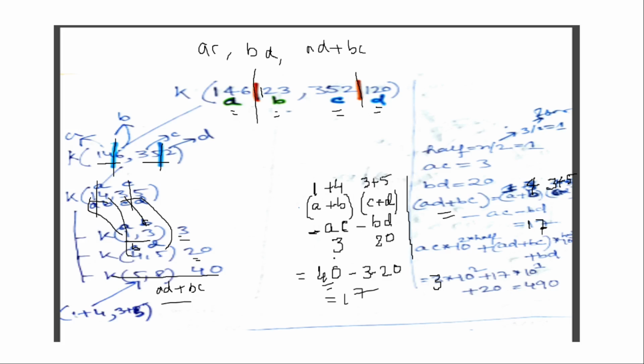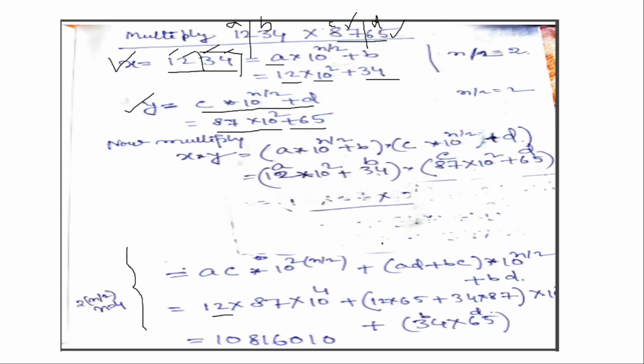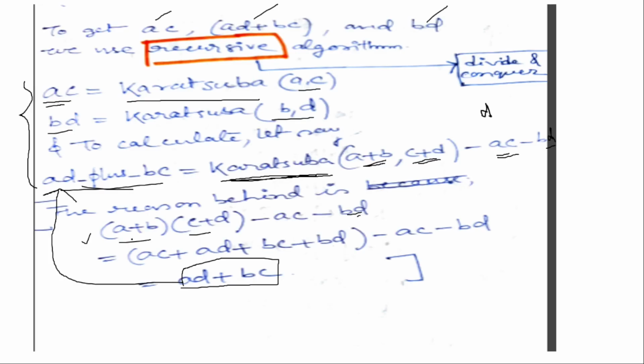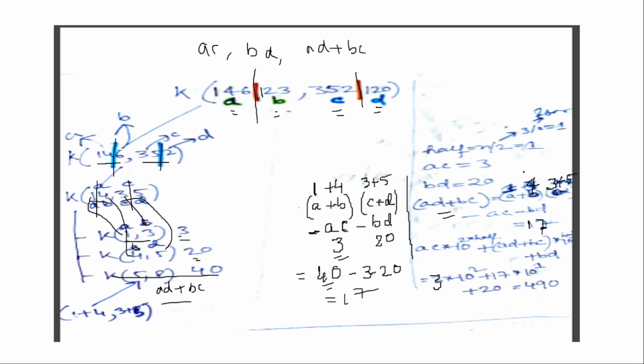AC is 1 into 3, which is 3, and BD is 4 into 5, which is 20. Why is it so? Because just now you have seen it here, (A plus B), (C plus D) minus AC minus BD. So it is 17. Finally in this expression you put the AC value as 3, AD plus BC as 17, and the BD value as 20.